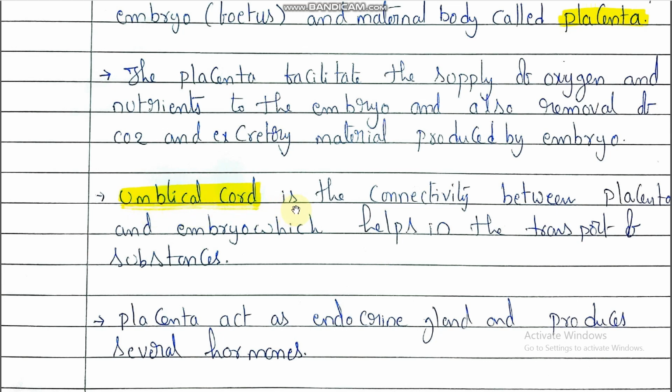The umbilical cord helps in the transport of substances: oxygen and nutrients from mother to fetus, and carbon dioxide and excretory material from fetus to mother. Understood or not? Right.